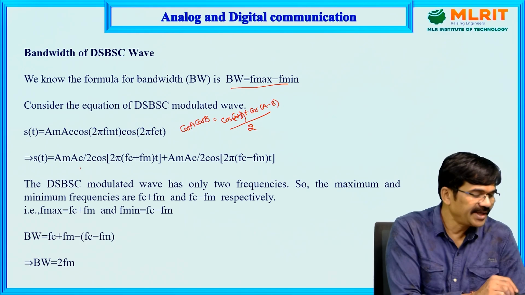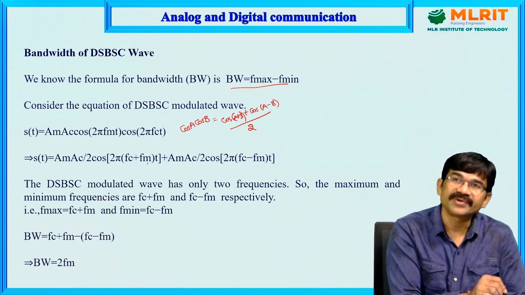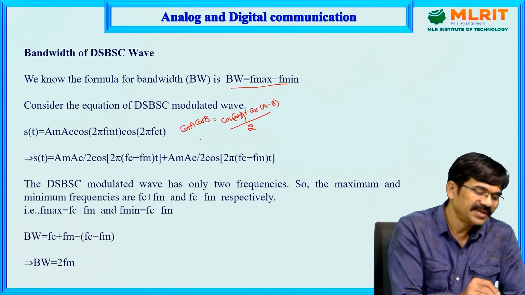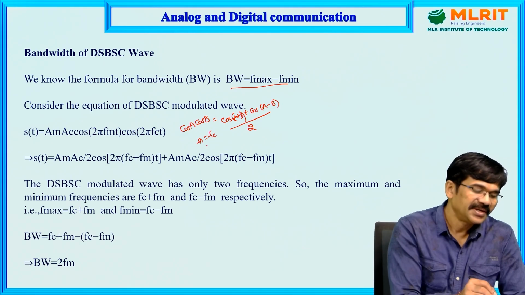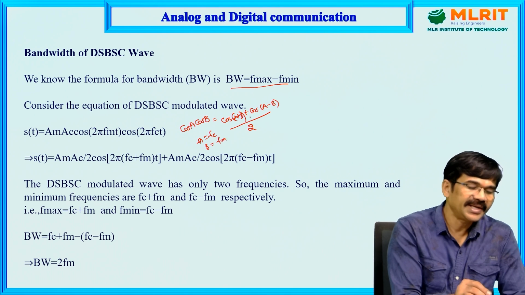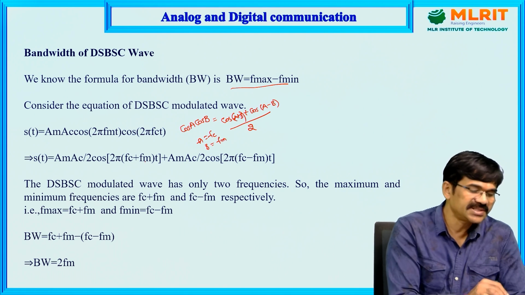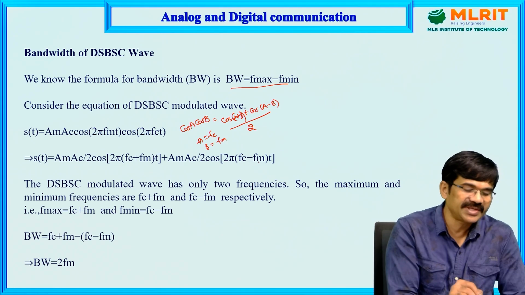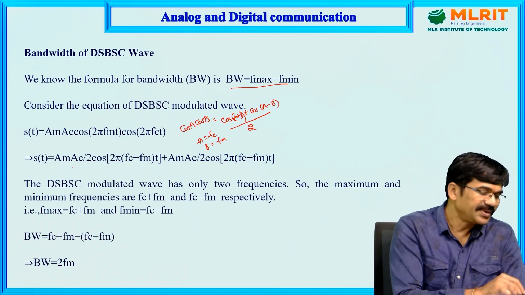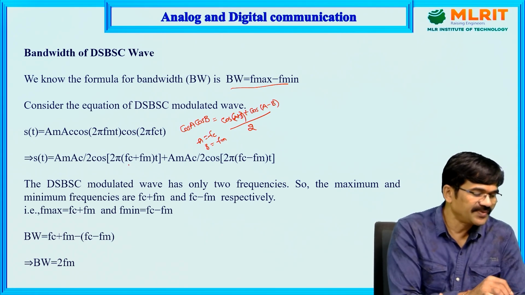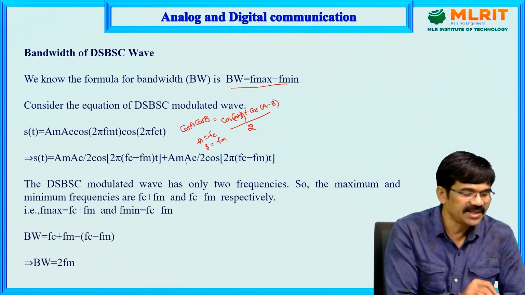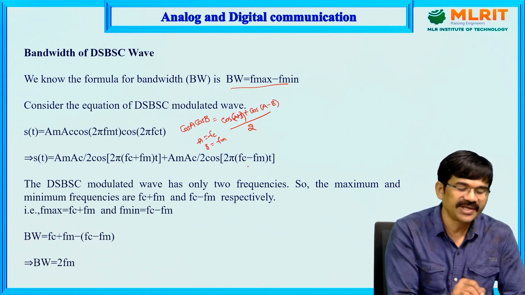So now Am Ac by 2 cos 2π (fc+fm) t. A is equal to fc, B is nothing but fm. A plus B is fc plus fm, A minus B is fc minus fm. So Am Ac by 2 cos 2π (fc+fm) t plus Am Ac by 2 cos 2π (fc−fm) t.